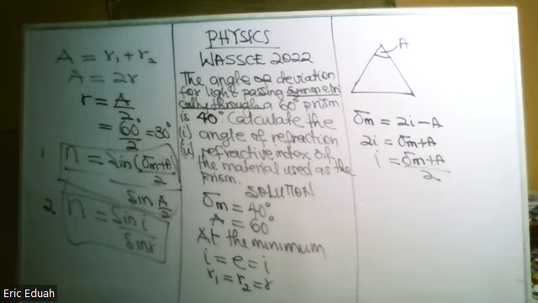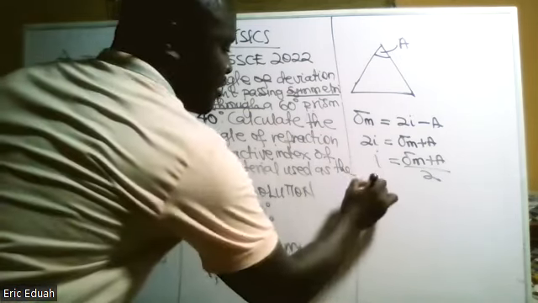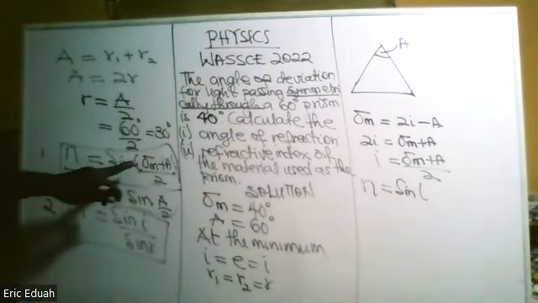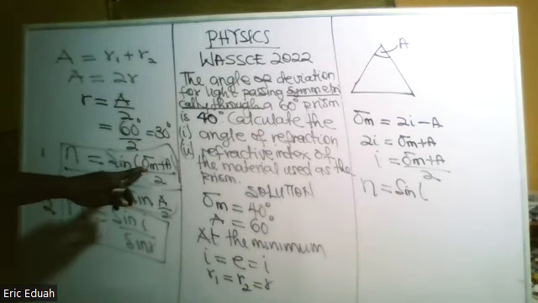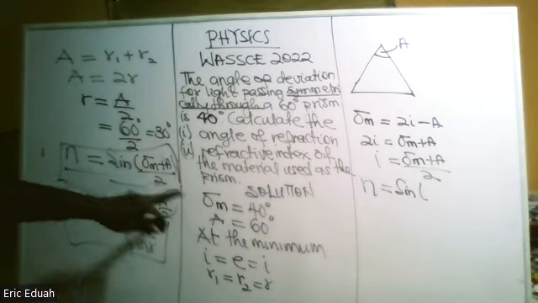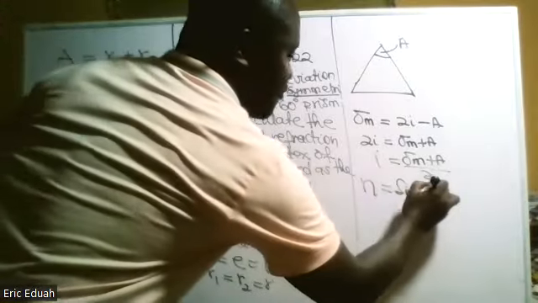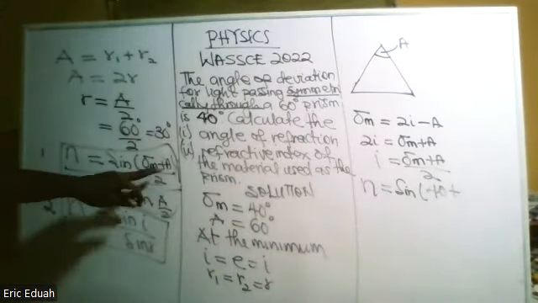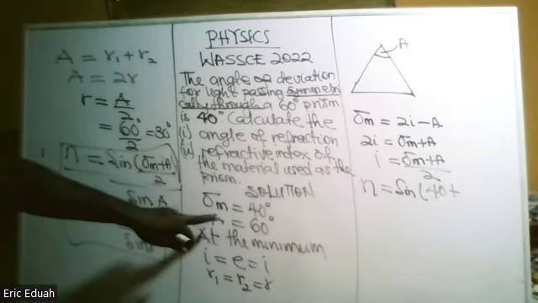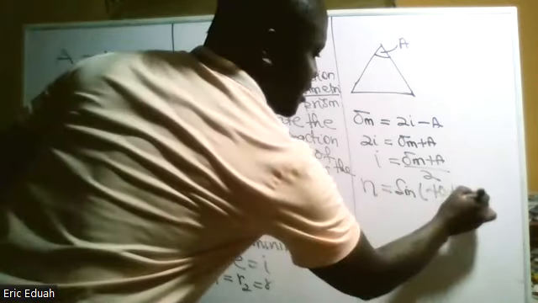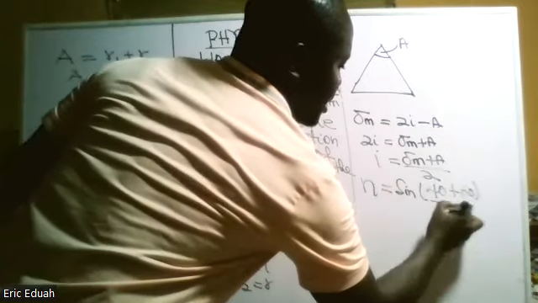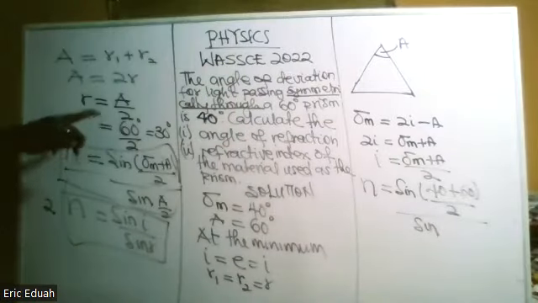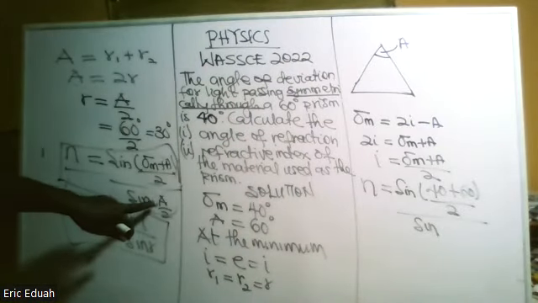If you want to use the first one, then the refractive index will be equal to sine of (δm + A)/2 over sine of R. δm is 40, 40 plus A is 60, all divided by 2. Then sine of R we have already calculated.